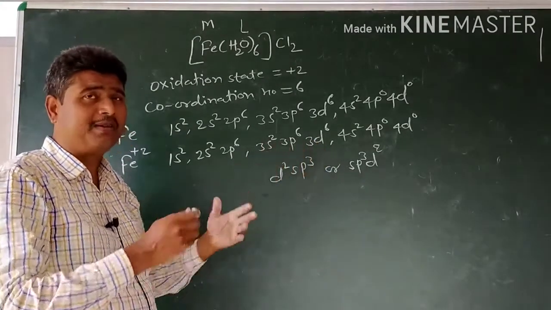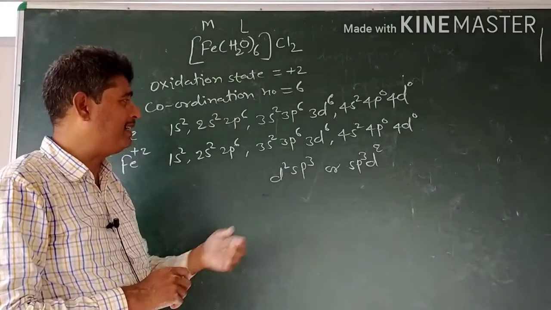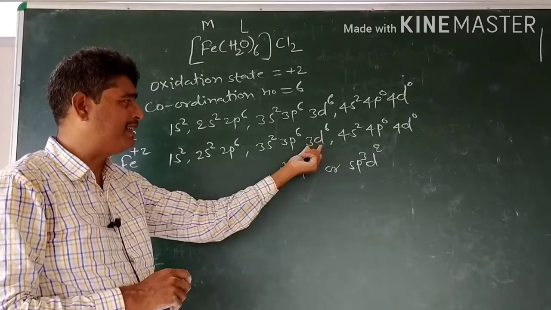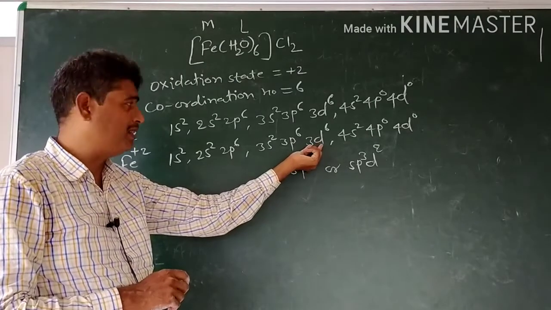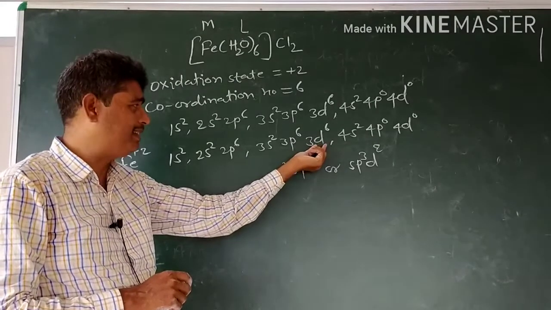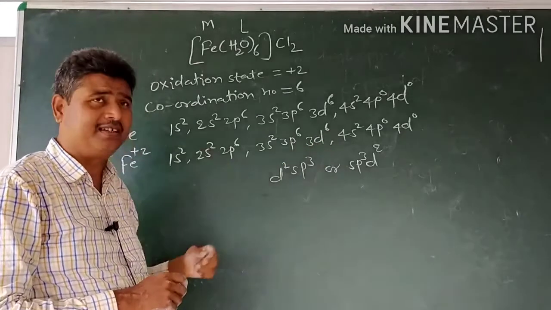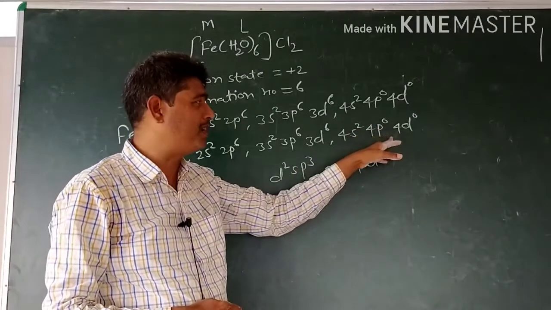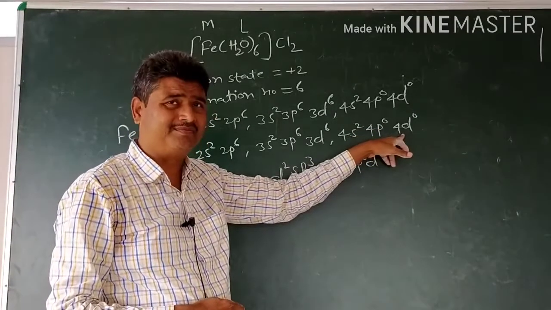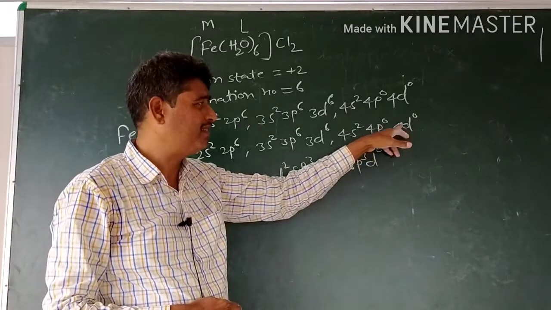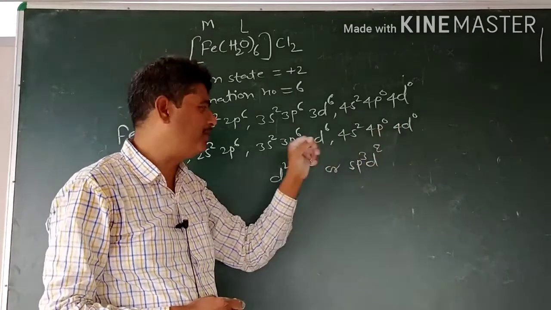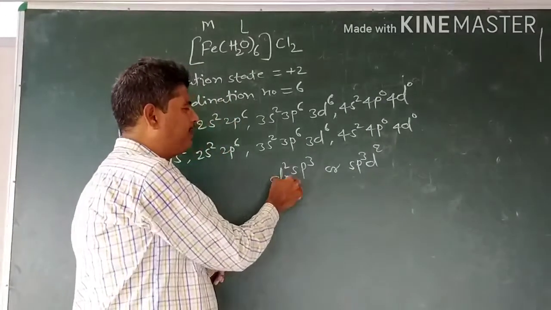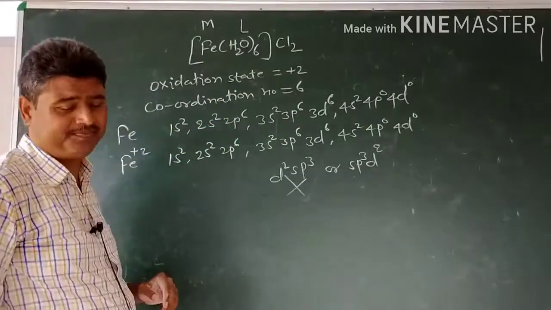Due to non-availability of a vacant 3d orbital, we will not take the inner d orbital from the left-hand side. We will take the required number of d orbitals from 4d. Hence, here our hybridization will be sp3d2 instead of d2sp3.